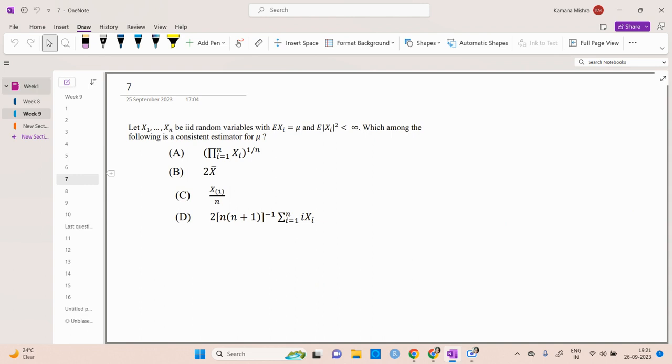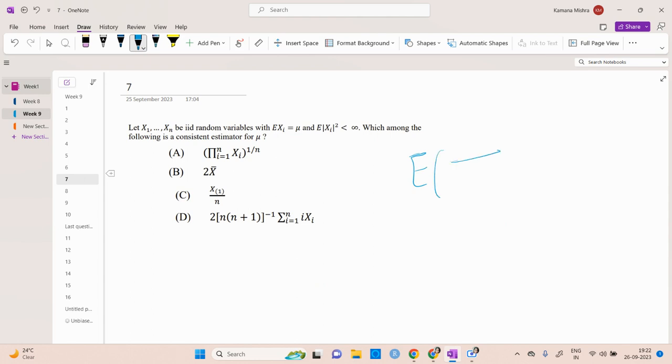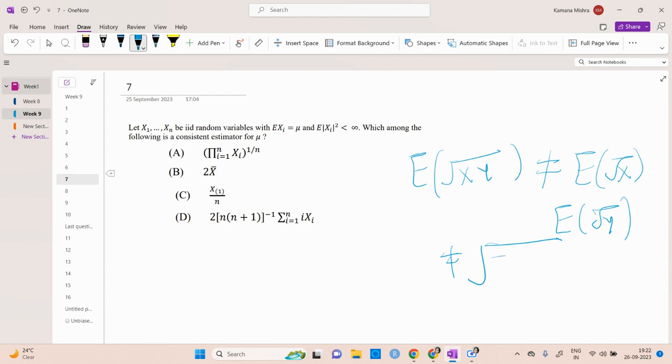Otherwise, we can just remove that estimator at one point only. Now, if you have expectation of root XY, then we know that in general case it is not equal to expectation of root X times expectation of root Y, right?